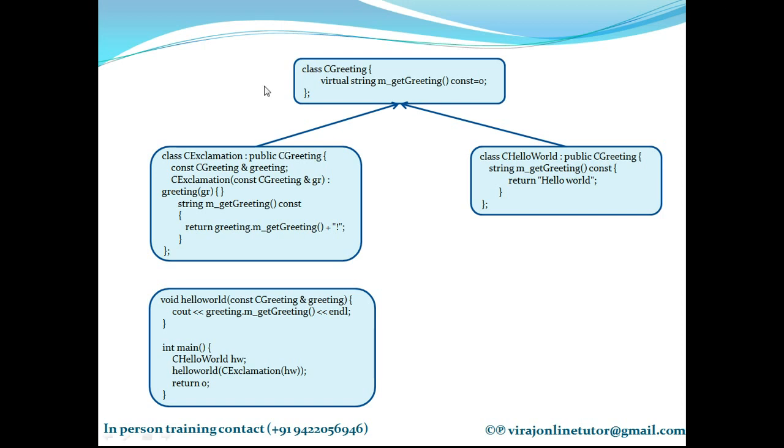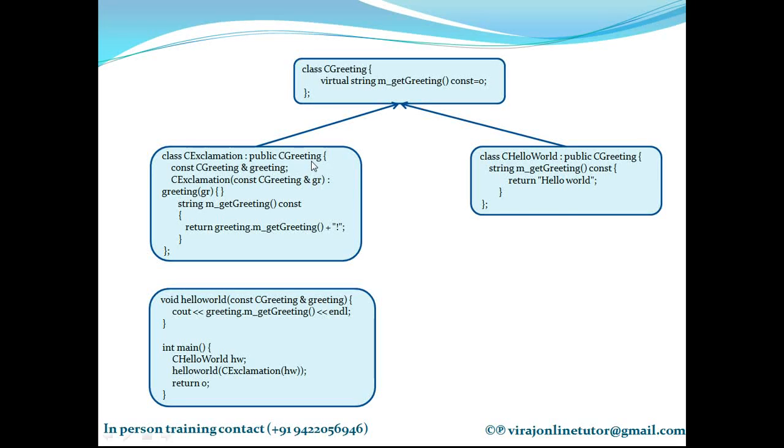The cExclamation class is a decorator, that's why it is inheriting from the same abstract class. And a very important point is it also contains the object which you are planning to decorate. So it inherits and contains objects from the same class.